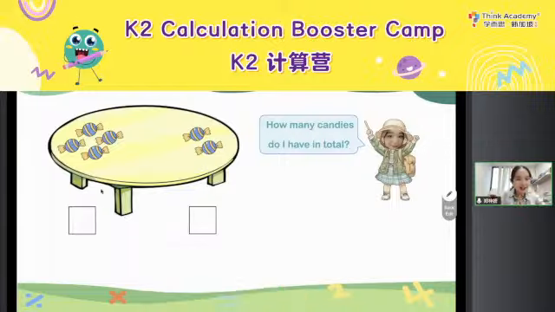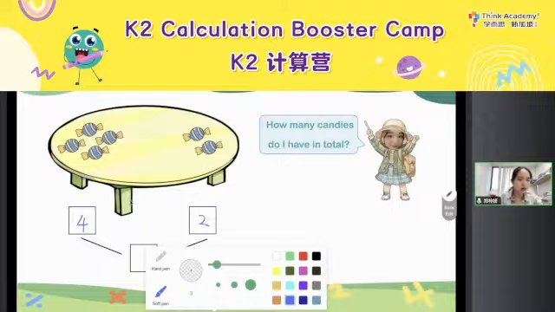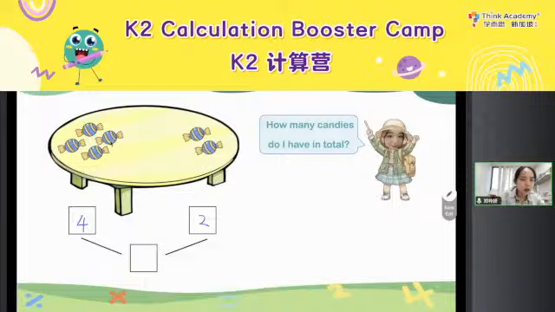Count it. 1, 2, 3, 4. So 4 candies on the left. How many candies on the right? 2 candies are on the right. How many do I have in total? Still, you can count it, right? We have 1, 2, 3, 4, 5, 6. So 6 candies in total.